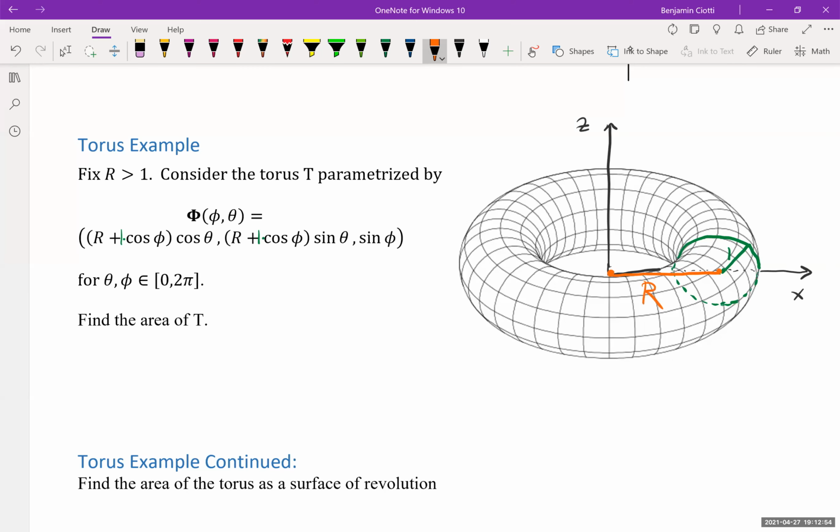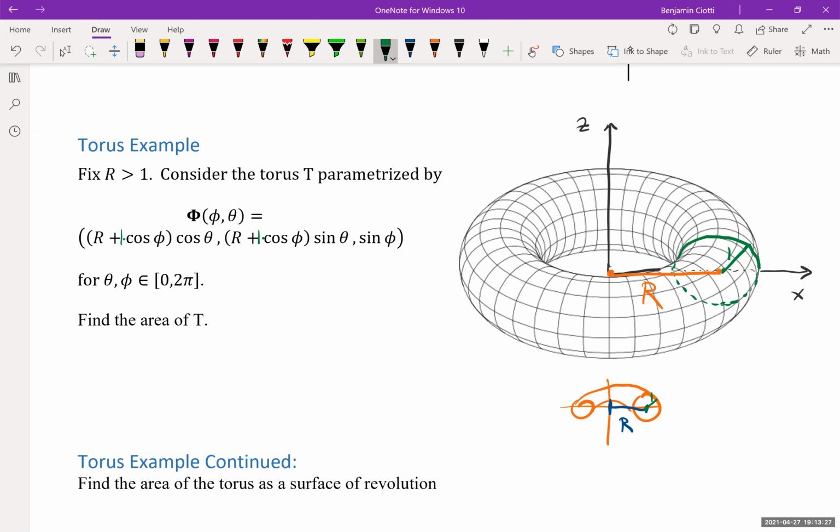So this distance right here would be big R. In other words, if you looked at a cross section, it might look like this. The distance from the origin to the center of the little circle is big R, and the distance from the center of the little circle to the edge is 1, the way I set things up in this problem.